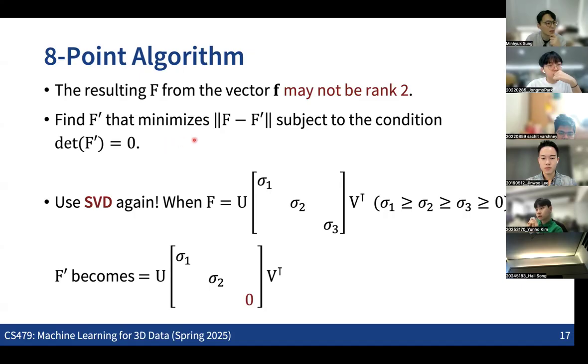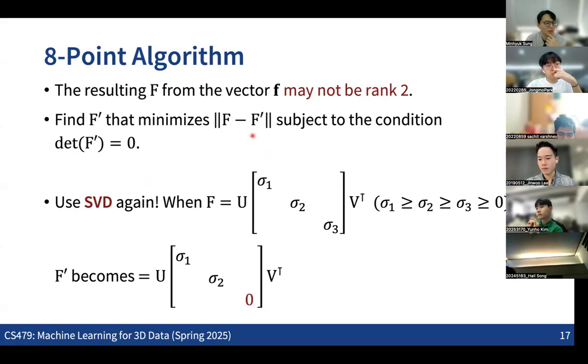So let's say F is the non-zero solution that we computed by solving the homogeneous linear system. We can find the other matrix, the closest one to this, that satisfies the condition that the determinant is zero. So how can you find such a matrix? Without getting into any details, this is also done using the SVD again.